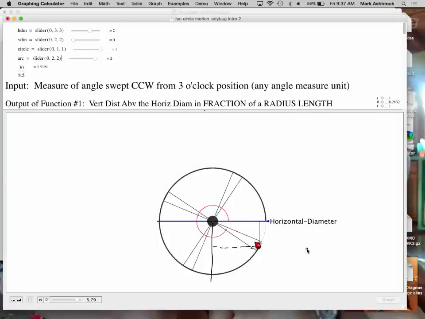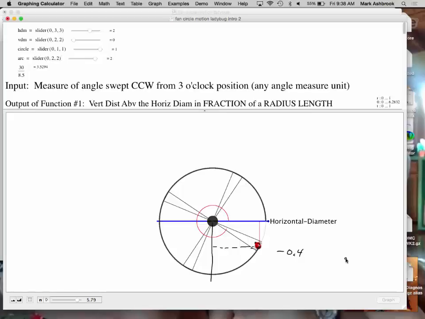Negative, right? Negative. So then negative what? What fraction negative are we of the radius length below? 0.4 or 0.5, something like that. So negative 0.4 or negative 0.5, something like that. I'll just say negative 0.4, okay?